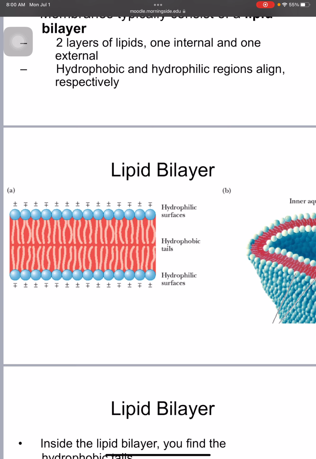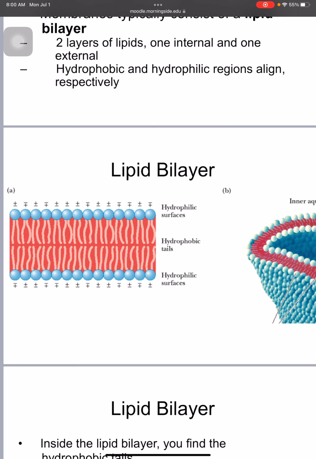Kind of similar to a micelle, right? You have a bunch of lipids, represented with the circles as polar head groups and the little squiggly lines as hydrophobic tails, right? And anywhere there's water, that's where the polar head groups are going to point because they're hydrophilic.